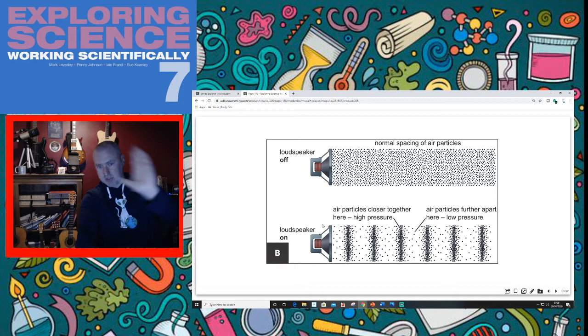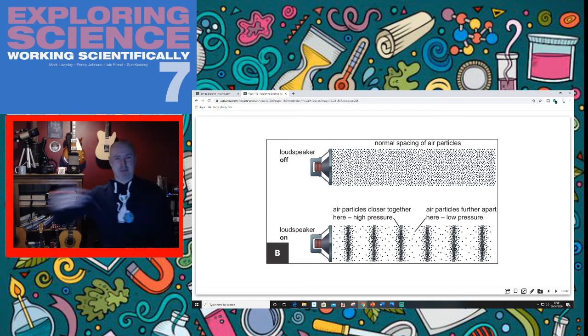So the speaker pushes forward and it pushes the air particles together to give us this here that I'm circling. But then the speaker drops back. And when it drops back, it's obviously not pushing forward anymore. It's not creating an area of high pressure anymore. It's pulling back. And that gives us this that I'm circling here. It gives us an area of low pressure.